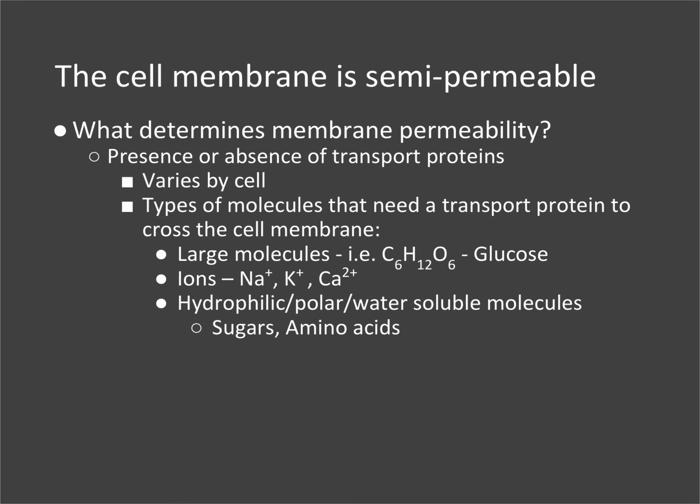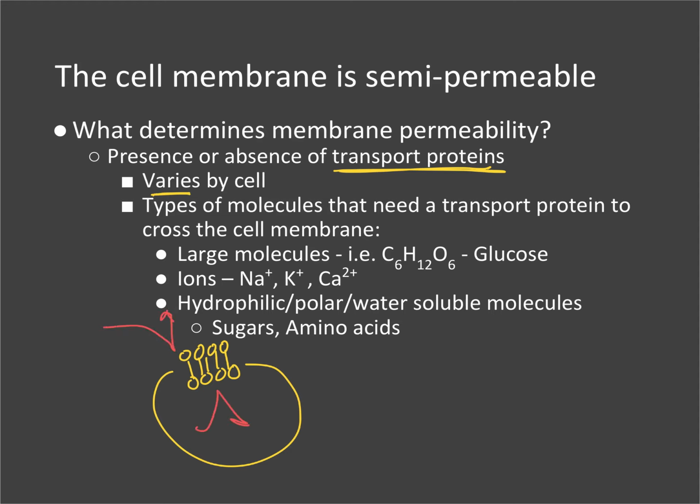Now remember that the thing that does vary by cell has to do with the presence or absence of the different types of transport proteins. And so examples of things that cannot cross the phospholipid bilayer on their own are things that are going to be large.